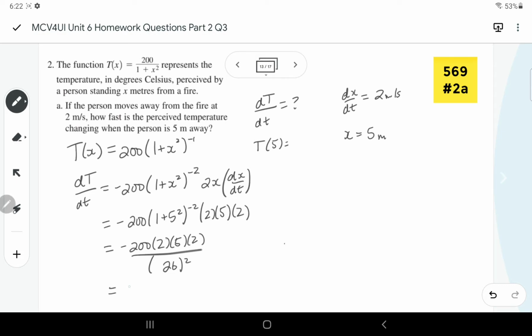So I get that this would be negative 5.9, and thinking about our units here, this is the change in temperature over the change in time. So this is degrees Celsius per, and how fast is the person moving? Per second. So as they're moving away, the temperature sensation that they're feeling is decreasing, going down by about 6 degrees Celsius per second.